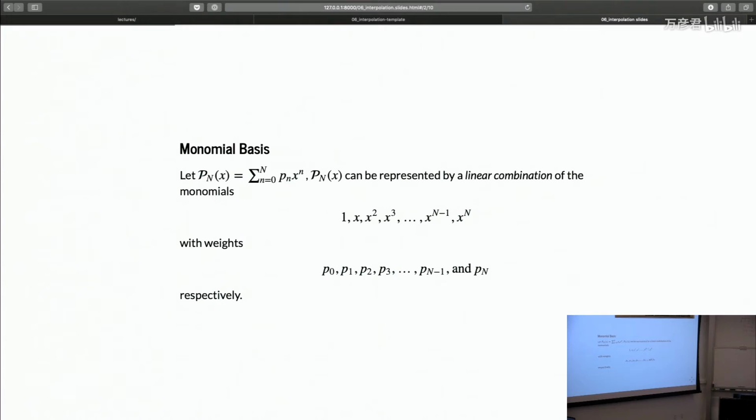Okay, so we have different bases for different polynomials. The simplest one is the monomial basis. So the basis is 1, x, x squared, x cubed, all the way up to x^n. And then I have the coefficients out in front of these things, which is basically what I've been doing. I'm projecting onto that basis.